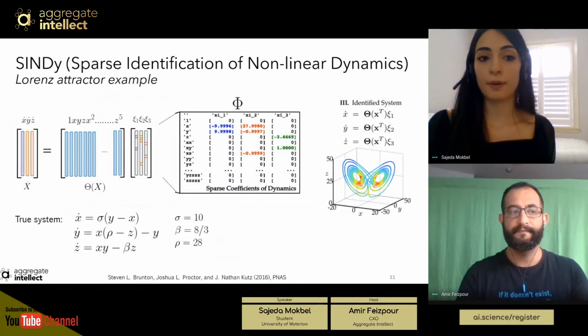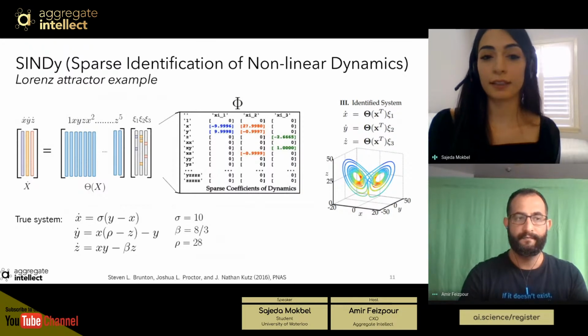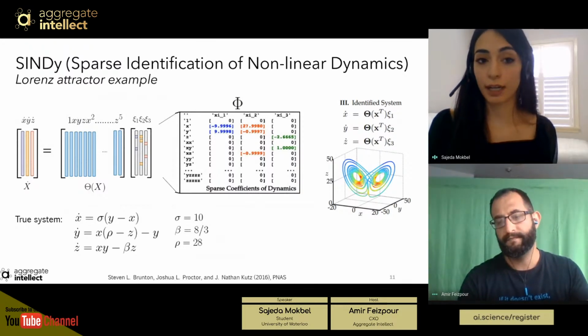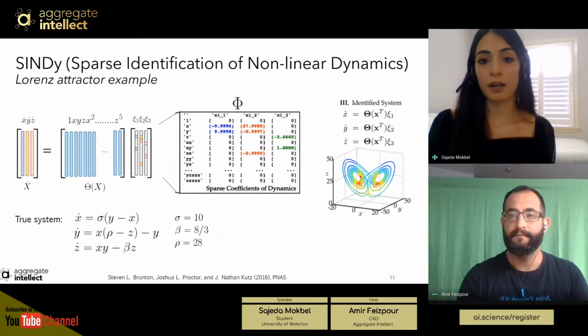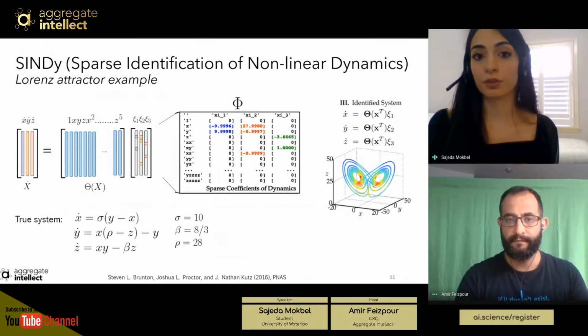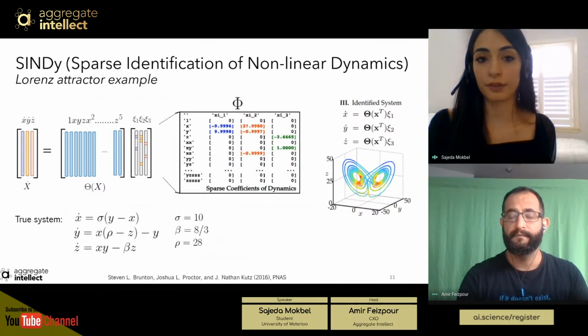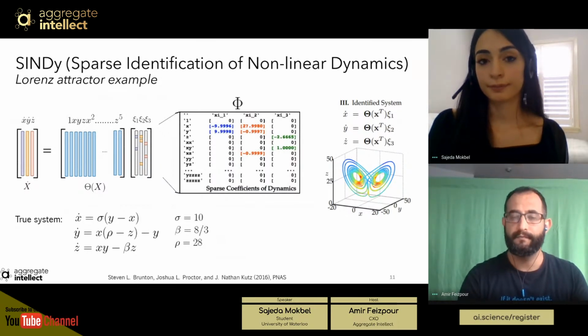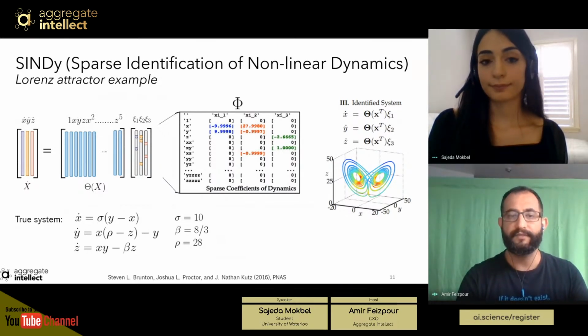Given some sort of idea of the functions that can describe the system, you should be able to derive these underlying equations through the sparse regression. Right. Interesting.